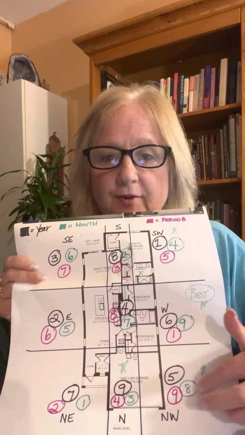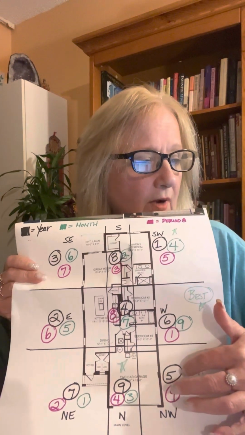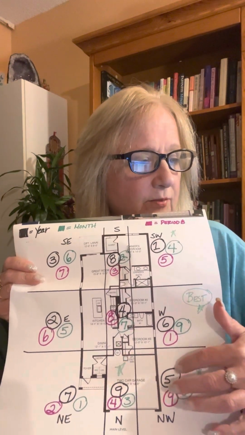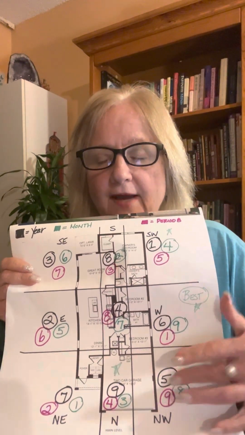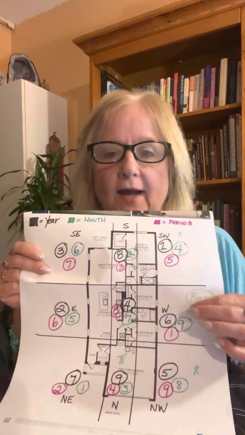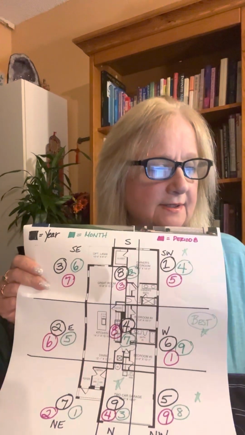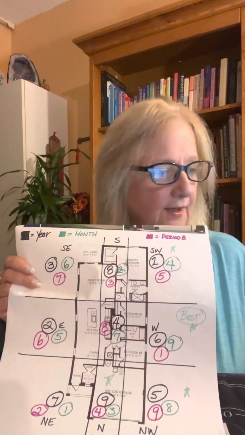It's not favorable, but 9 and 8 are favorable, okay? So when we look at the 2 favorable stars, we can work with those, okay? But with the 5 star, we definitely need a cure there. And as I can see, I've given it a 1 star. This is actually the more favorable in the West for a home office or a front door or a bedroom, okay?